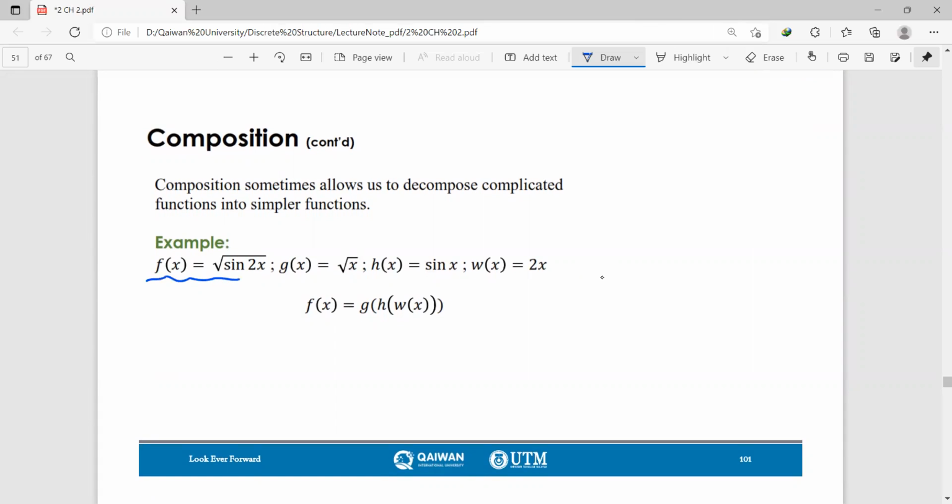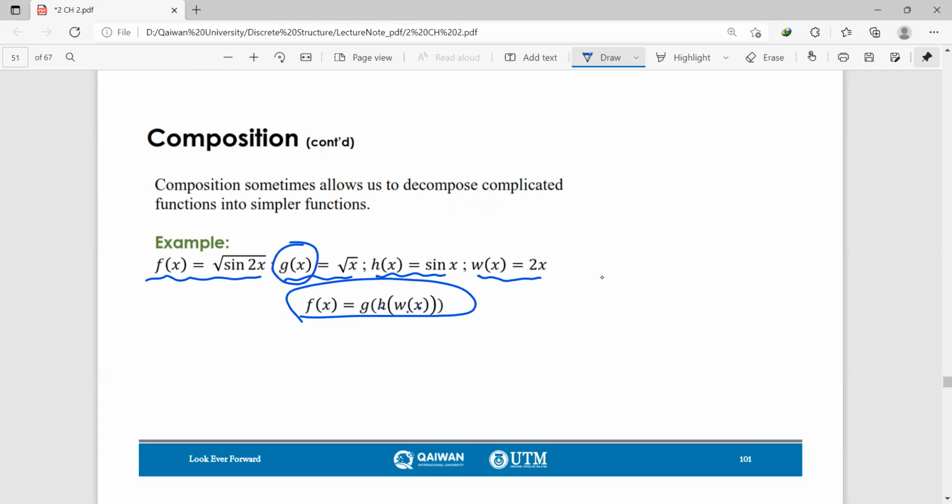Here we have f of x to be this function, g of x to be this, h of x to be this, w is this. It says find f of x, where f of x is g of h of w of x. You should find this. But before we find composition of three functions, let's do it for two functions.